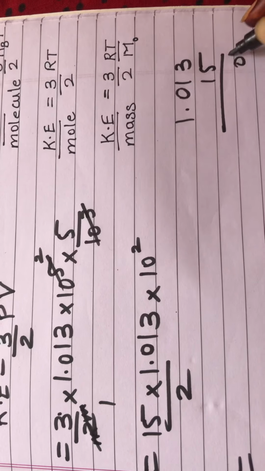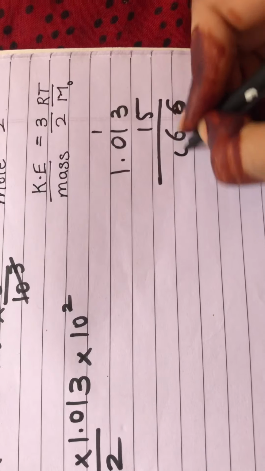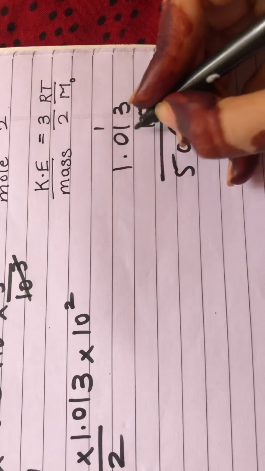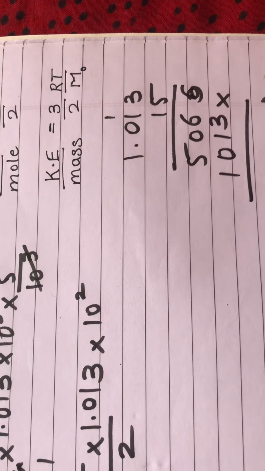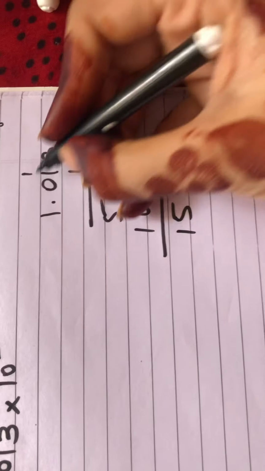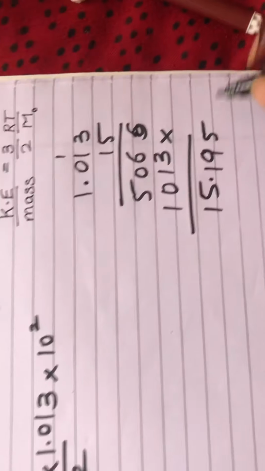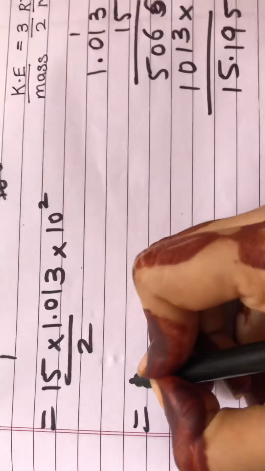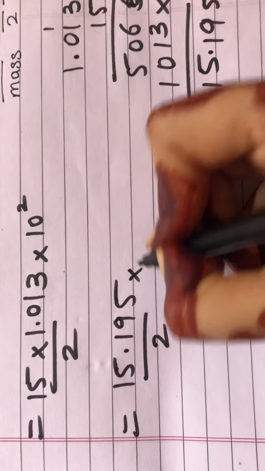So it is 5, 6 plus 3 is 9, 1, 5 and 1. After the point I have just 3 digits, so it will be 15.195 upon 2 into 10 raised to 2.